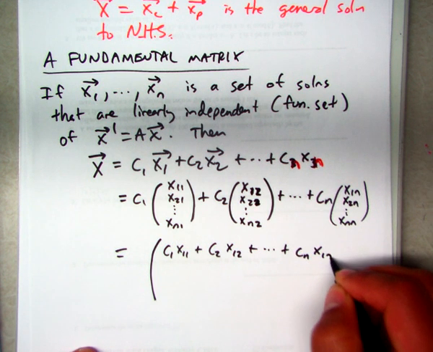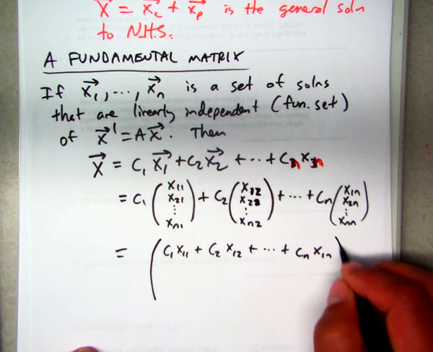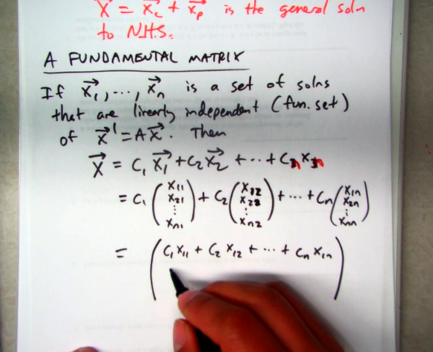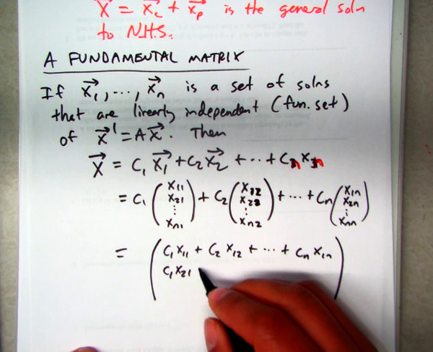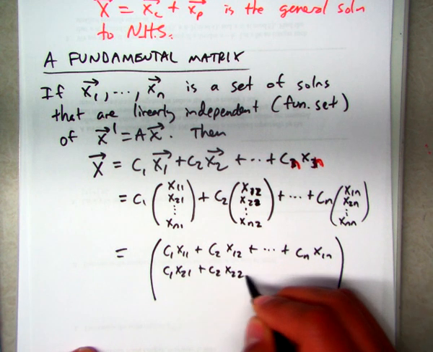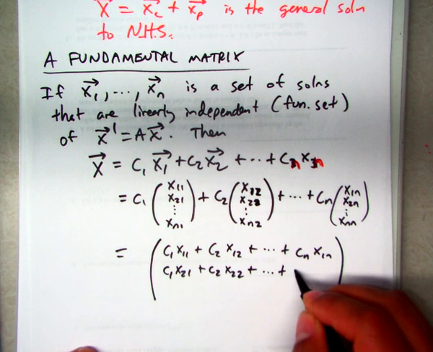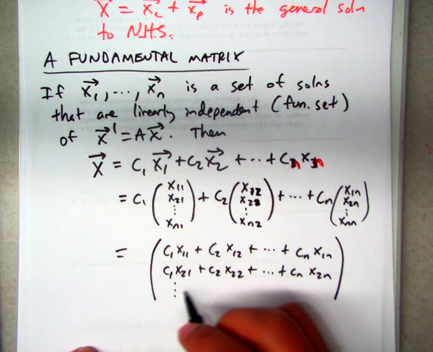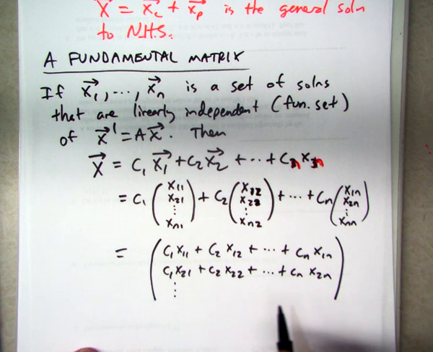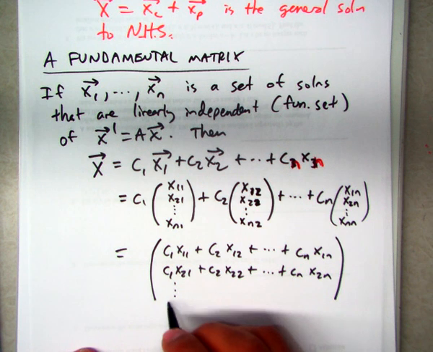That'll be the first row and first entry. And then C1 x21 plus C2 x22 plus C sub n x2n. So here we get our solution matrix written in this fashion.